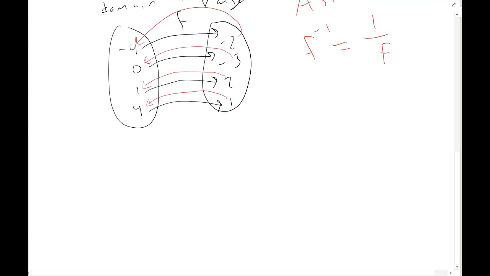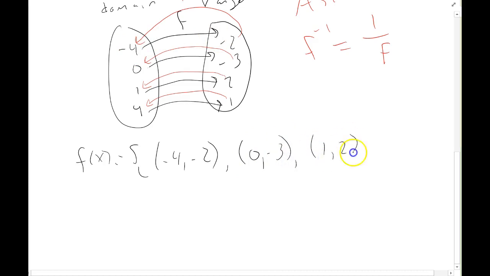Instead of viewing an inverse through a mapping diagram, let's view an inverse as a set of ordered pairs. It's the same function I've written above: -4 goes to -2, 0 goes to -3, 1 goes to 2, and 4 goes to 1.